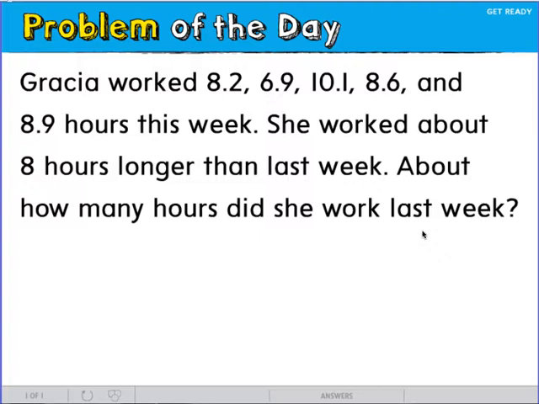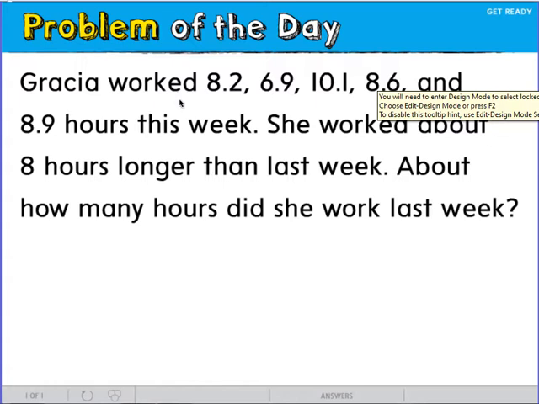So what's the first thing we need to do? There's two problems here. What's the first problem we're going to solve? Yes, Avery. 8 and 2/10, 6 and 9/10, 10 and 1/10, and 8 and 6/10 all added together.